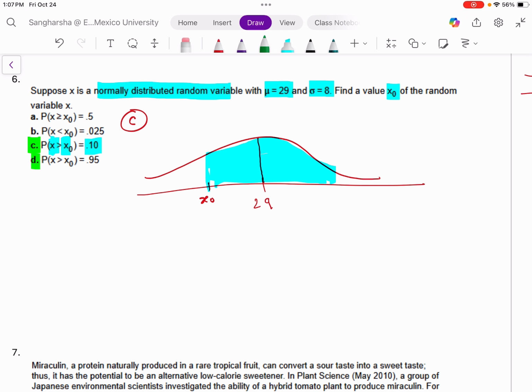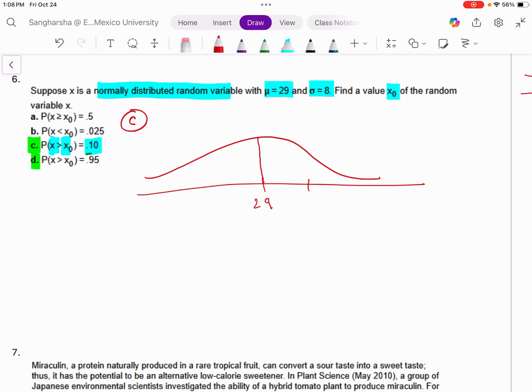It does not, because we know the area on the left of 29 is 0.5. This part is already 0.5, and if you add this part we must get a number greater than 0.5, but here we have 0.1. So it tells us that our x naught is on the right side of 29.